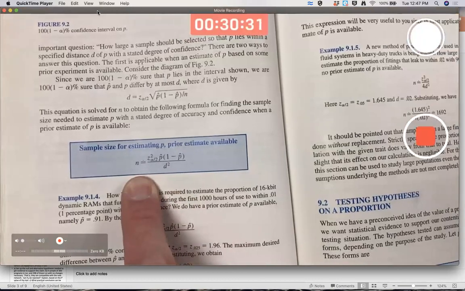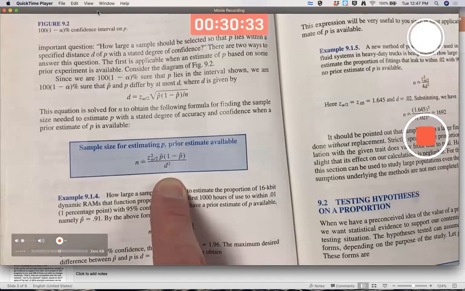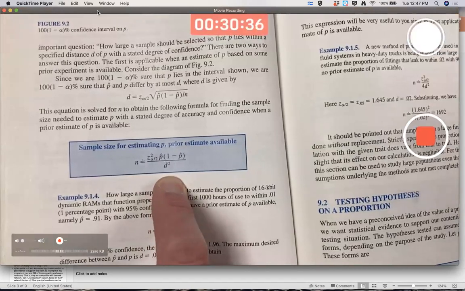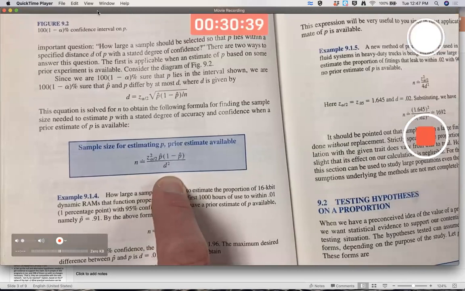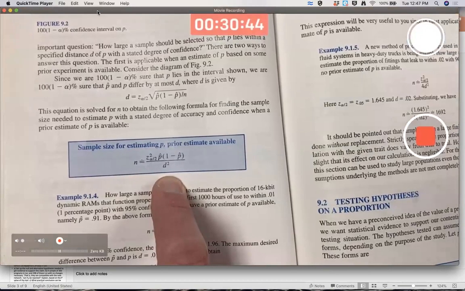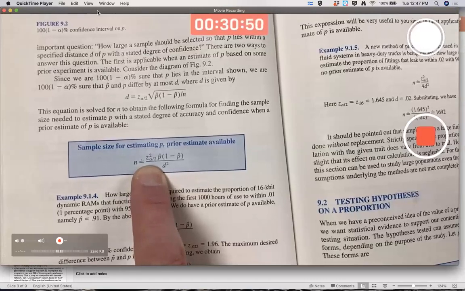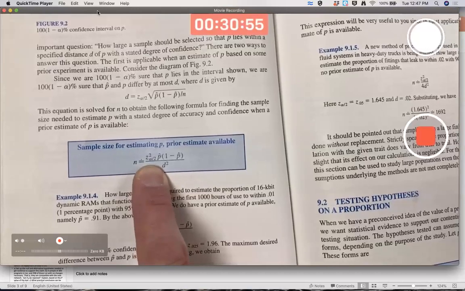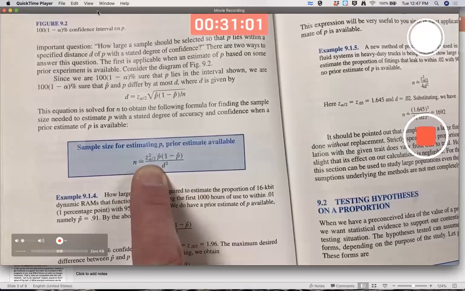Take the sample size n to be approximately this quantity, where d represents the margin of error you desire for a proportion, maybe 0.01, for example. Z represents a critical Z value based on an alpha that you're given. So for example, if you're after a 95% confidence interval, alpha is 0.05. Z sub 0.025 is our old friend, 1.96.